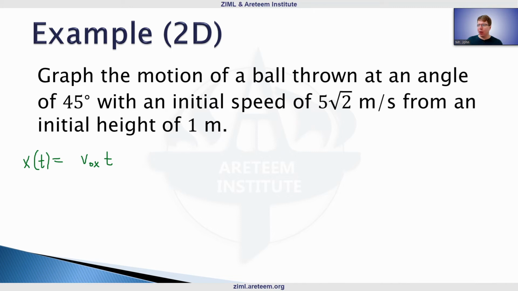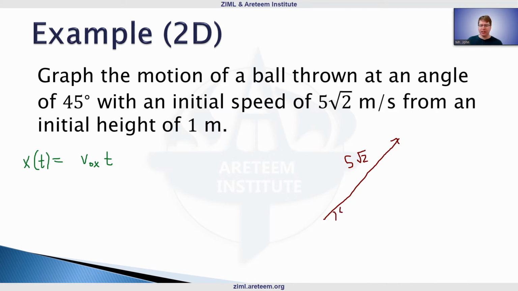Now, how could we go about figuring out what that is going to be? Well, if we look at this here, right, we do have that our initial speed is 5√2 meters per second. Now, if you've seen this before, this will seem totally natural. If you haven't seen this before, this is a little bit weird.